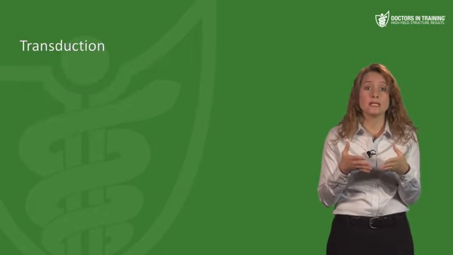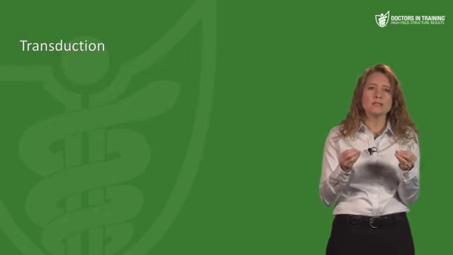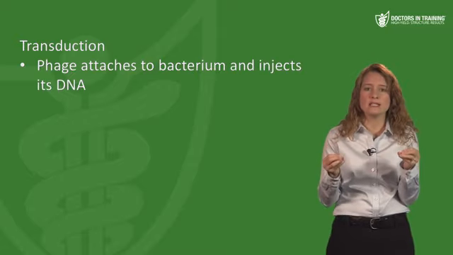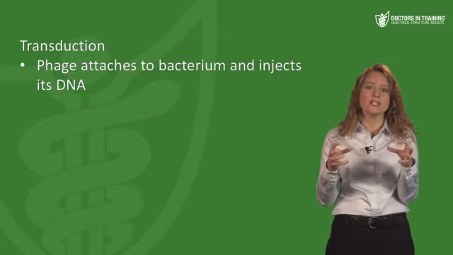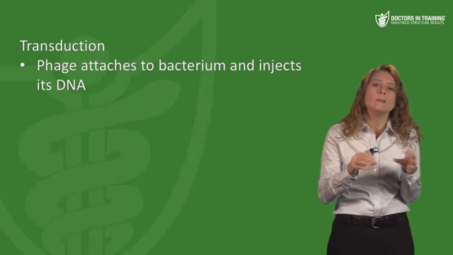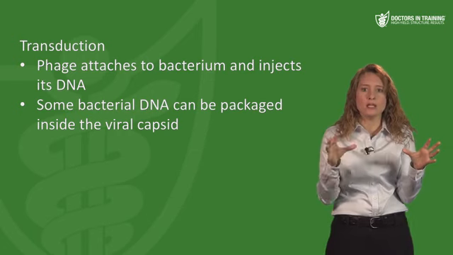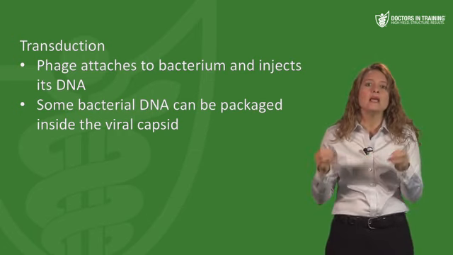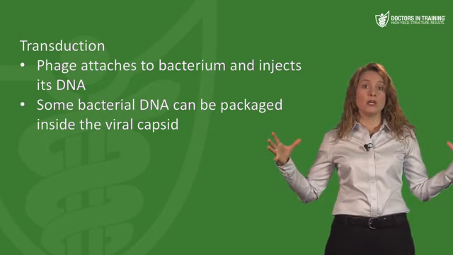Lastly, let's discuss transduction. Transduction relies on something called bacteriophage, or just a phage. Phages are viruses that infect bacteria. The phage attaches to the bacterium, injects its DNA into the cell. More phage DNA and phage proteins are made and are repackaged into new viral capsids. These are then released when the bacteria ruptures.